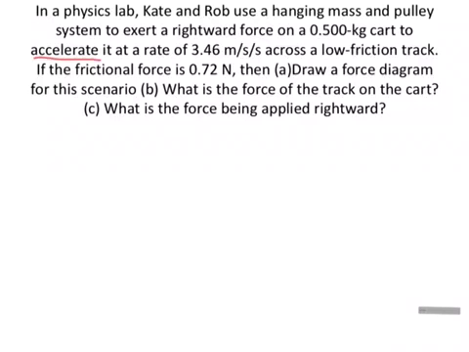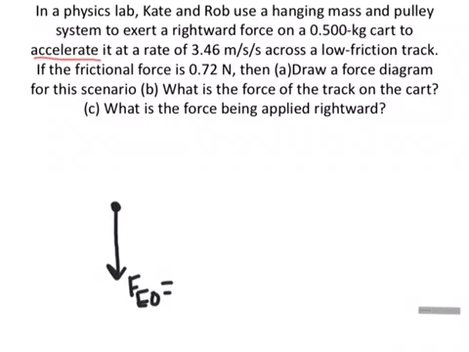So starting off drawing our force diagram, start drawing a dot. So we have always our one non-contact force, which is going to be gravity. So the force of Earth on the object. This is equal to weight. Again, we just take the mass times the acceleration due to gravity.